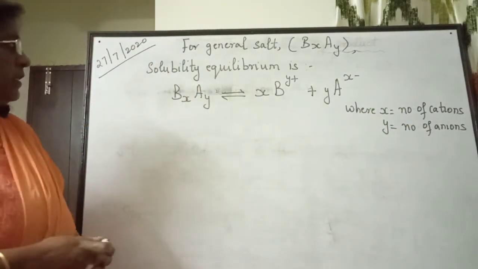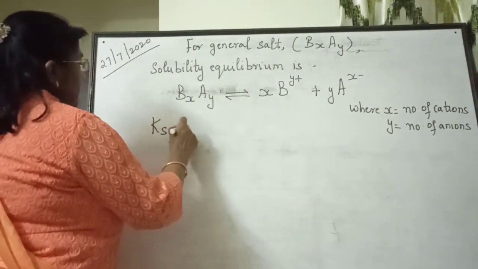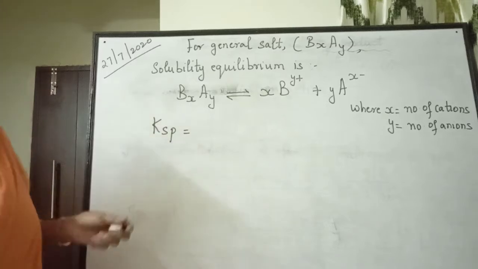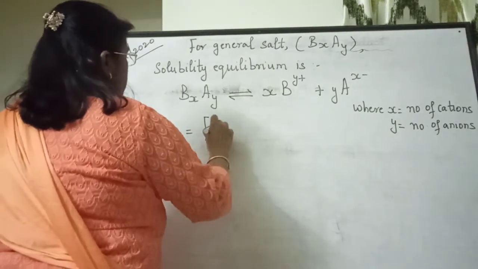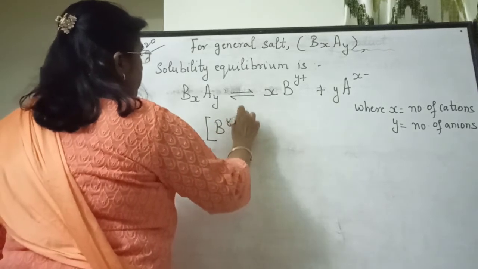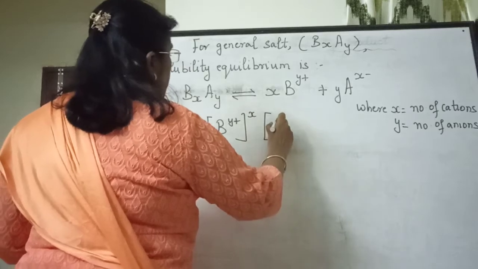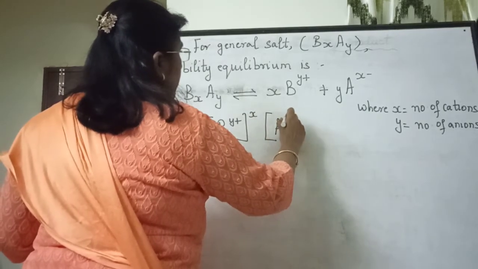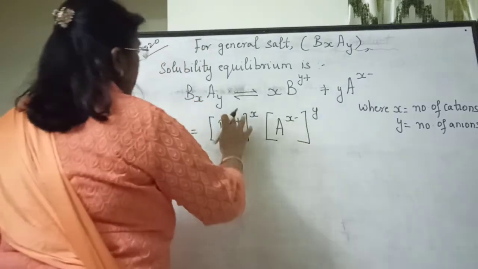Now for this, the solubility product expression can be given as Ksp is equal to concentration of B y plus raised to x into concentration of A x minus raised to y.